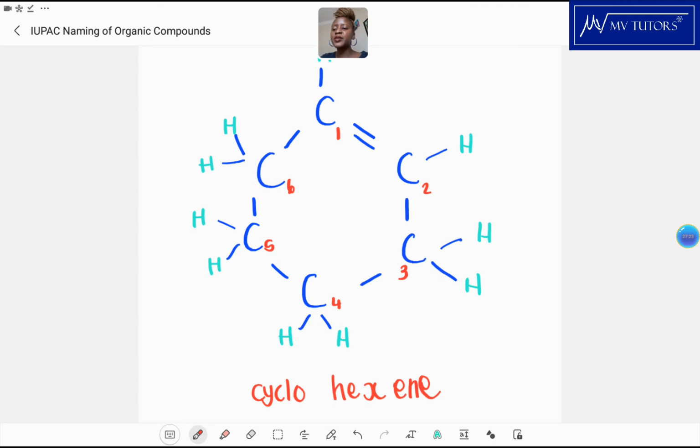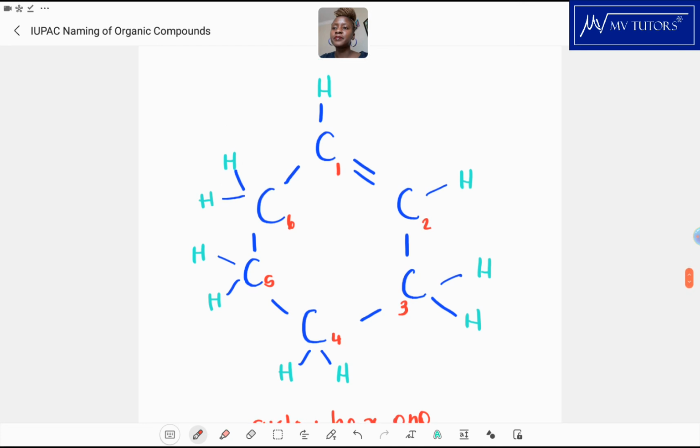And here there's no need to say cyclo 1 hexene. You just assume that because you have that double bond there, it's the only double bond. There's nothing extra happening here. There are no branches or anything like that. So you can just say cyclohexene.